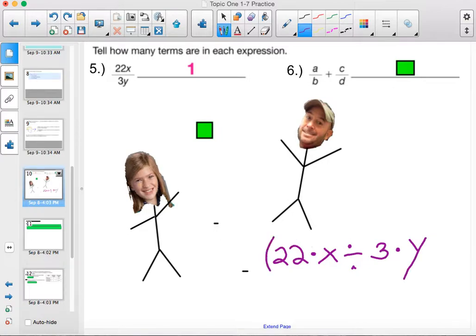We certainly would have parentheses here separating the two multiplication steps. So the order we would do this would be 2 times x, and then 3 times y, and then we would divide. So that's why we only have one term. There's no addition or subtraction.